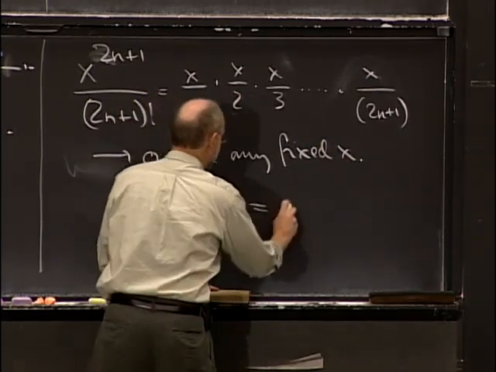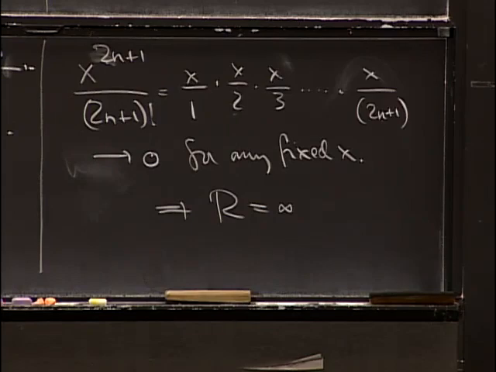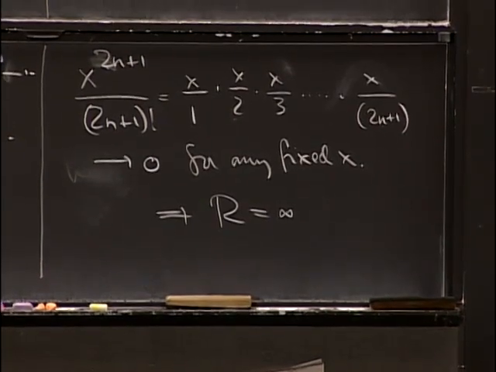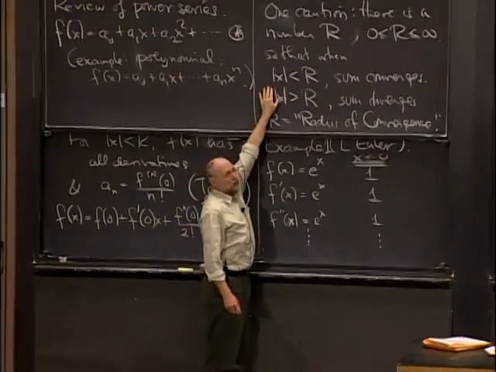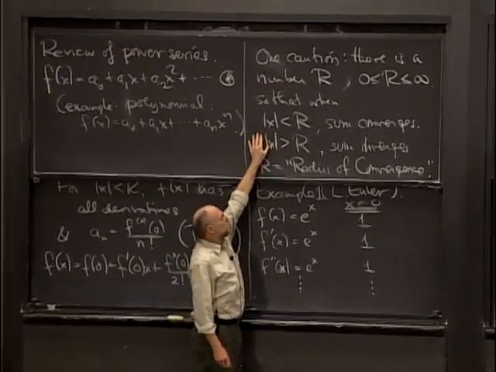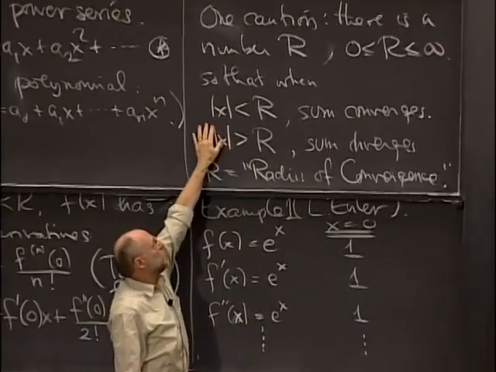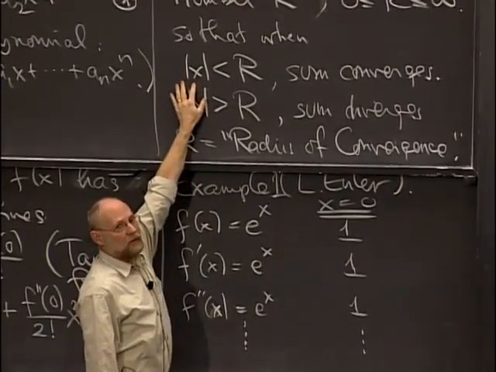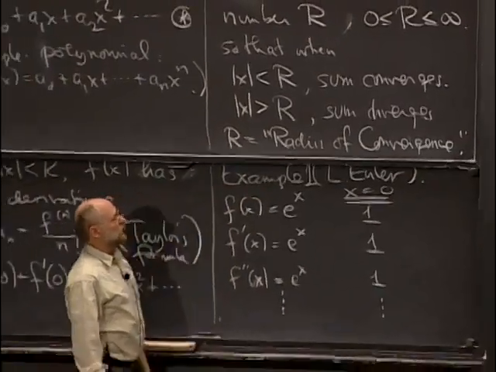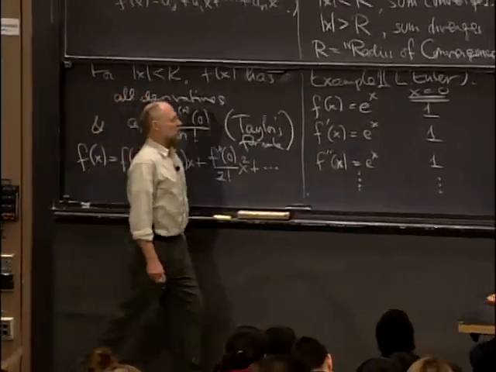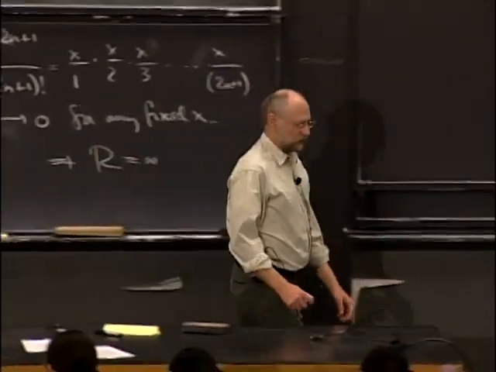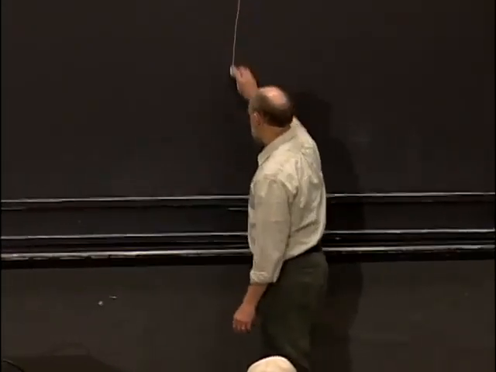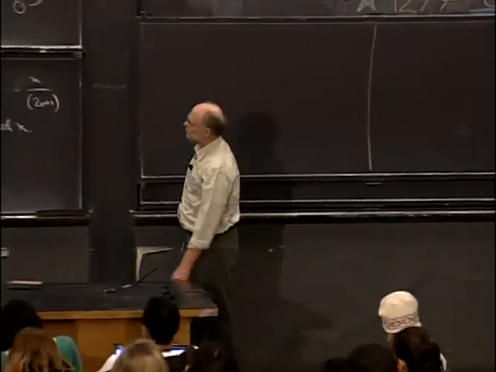That's what tells you that the radius of convergence is infinity, because in the formula, this property that the radius of convergence talks about, if R is equal to infinity, is no condition on x. Every number is less than infinity in absolute value. So if this convergence to 0 of the general term works for every x, then the radius of convergence is infinity. Well, that was kind of fast, but I think that you heard something about that earlier as well.